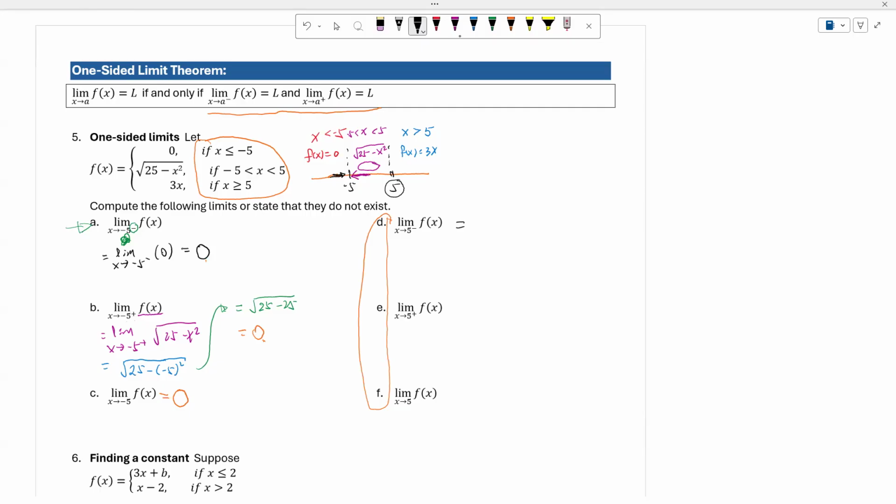From the left of 5, we work with this function. So I have the limit as x approaches 5 from the left. I'm going to replace f of x with the square root of 25 minus x squared. Then of course, direct substitution: I will have 25 minus 5 squared, and the answer that I have is equal to 0.